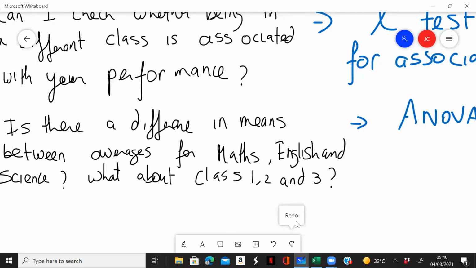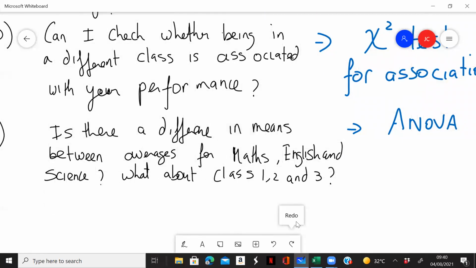Finally, and I have already alluded to this, is there a difference in means? But not between pairs of means, like for example, boys and girls or maths and English, but when we have situations of more than two comparisons: maths, English, and science, class 1, class 2, class 3, etc. So when we have more than two means and we want to check if there is a statistical difference between these means, we cannot use the t-test because that's only for pairs, but we have to look at ANOVA.